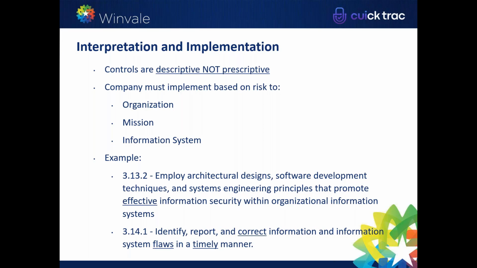Let's say we have a legacy system, and we see this a lot in manufacturing. Let's say there's a legacy system that I don't have the ability to patch or upgrade, and I've worked with a lot of clients who have this. There are still a number of retail establishments that run very outdated versions of Windows because that's what their retail payment systems run on. So correcting an information system flaw might vary based on the system itself.